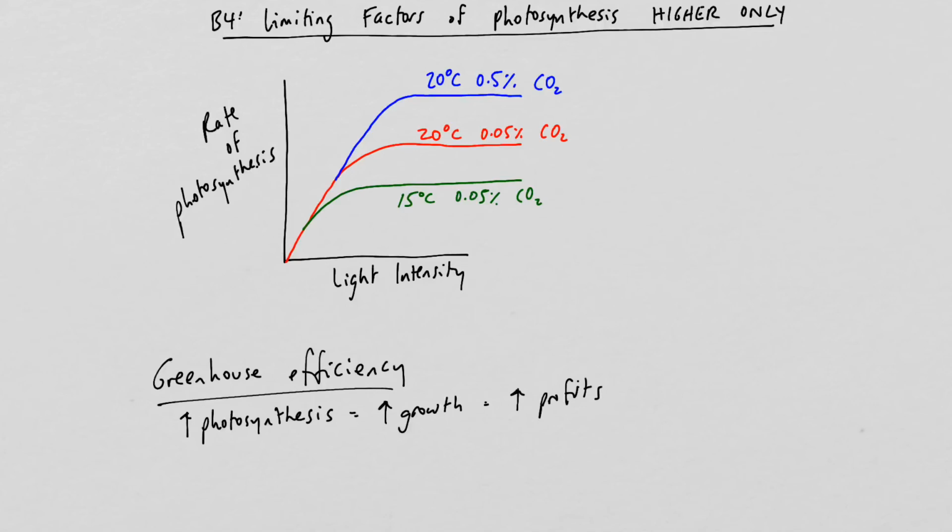But we need to remember that to maximize that rate of photosynthesis, I need to control temperature, carbon dioxide concentration, and light intensity.